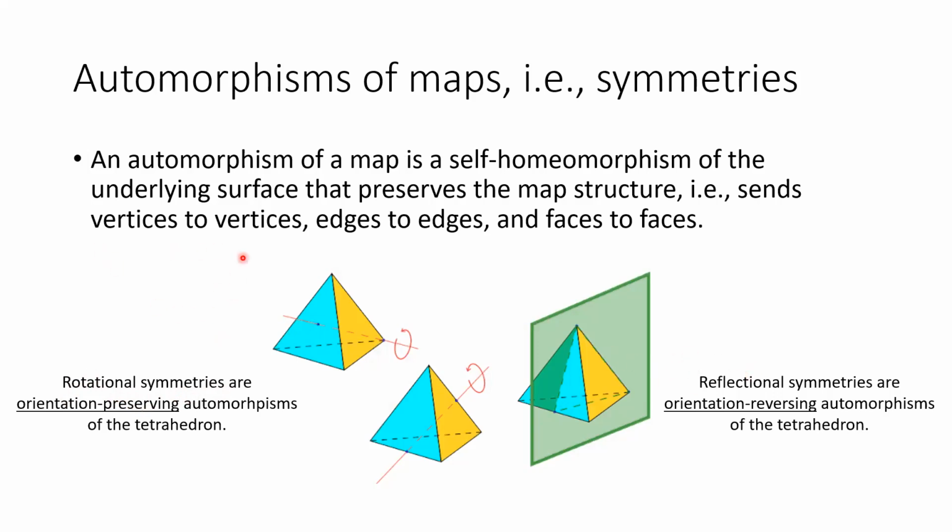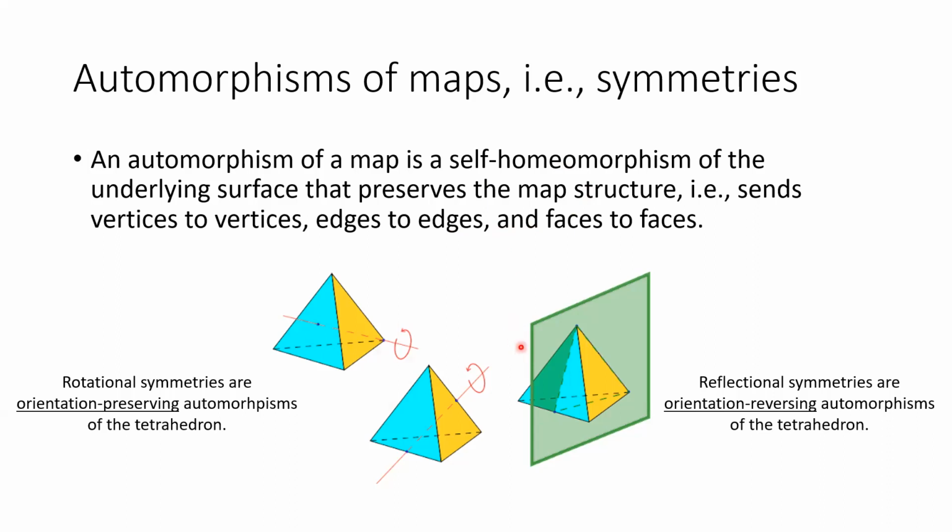If you consider the tetrahedron not as a topological object, but as a rigid geometric solid in 3-dimensional space, you can imagine the rotations about various axes and the reflections in various planes. And these geometric symmetries are also automorphisms of the map, as in they are self-homeomorphisms of the underlying surface that preserve the map structure.